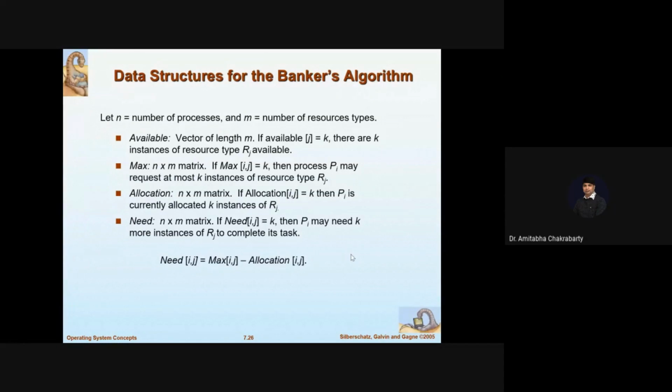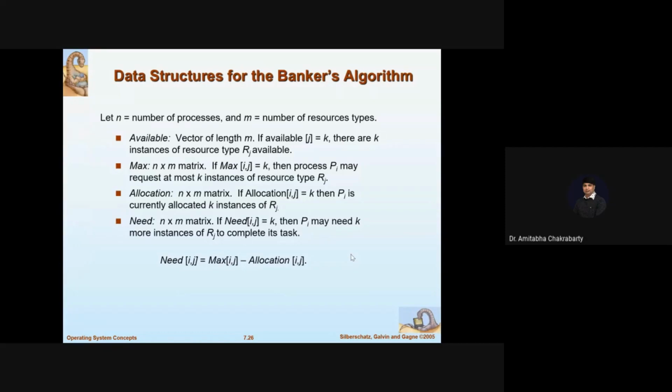We know the Maximum matrix, and we know the Allocation matrix. Maximum is how much the process might need, Allocation is how many instances we have assigned to a particular process, and Need is how many more a process might need.